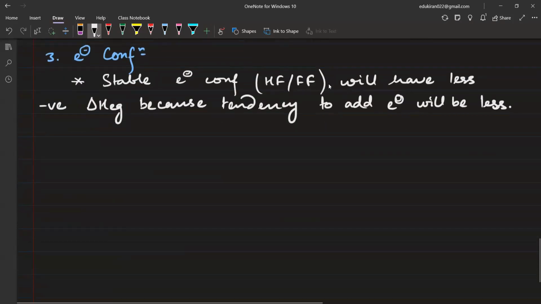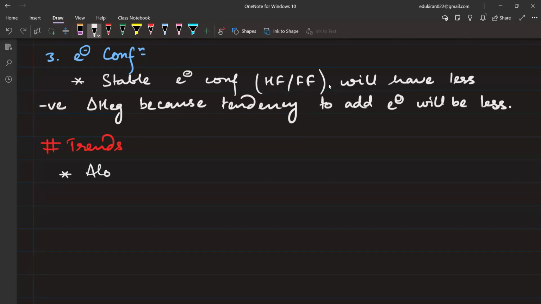Now we are going to look at the trends. So please write, what is the trend in the periodic table? First of all, as we move from left to right along a period, what happens?